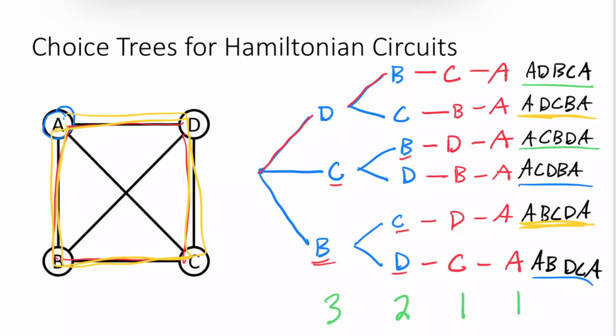And so if you notice, the total number of circuits that we end up with in our tree is 6, which is the same thing as 3 times 2 times 1 times 1, because each one of these 3 choices branched off into 2 more choices. And so that gave us 6 branches. And then these 1 choices didn't actually create any new branches. They just kind of extended them.